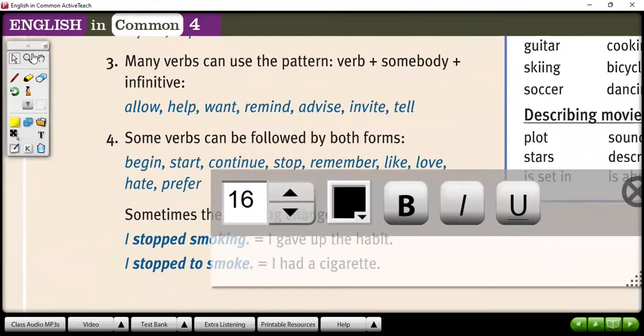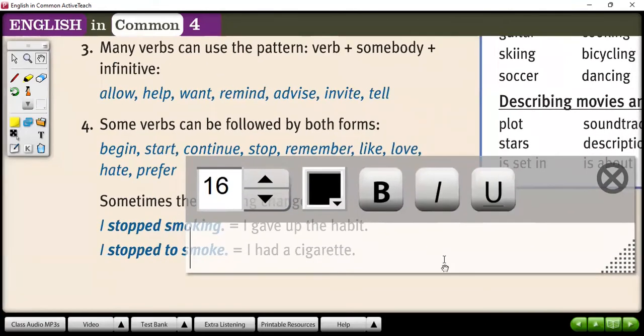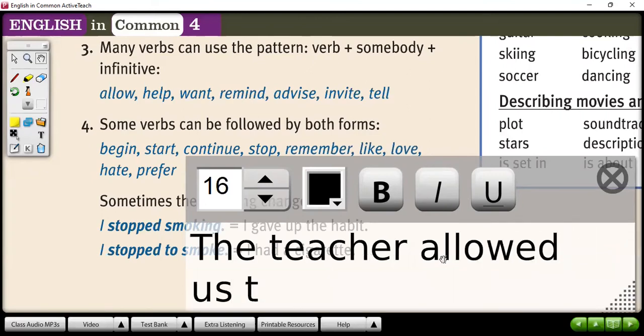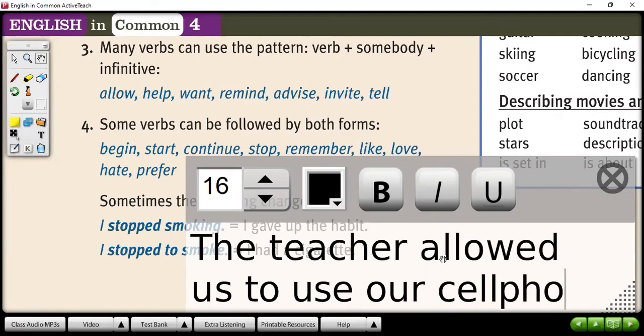Just to give you an example: the teacher allowed us to use our cell phone in class.